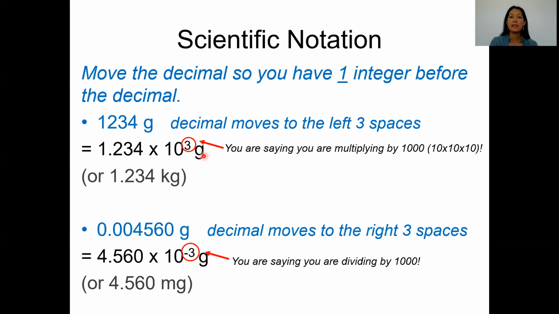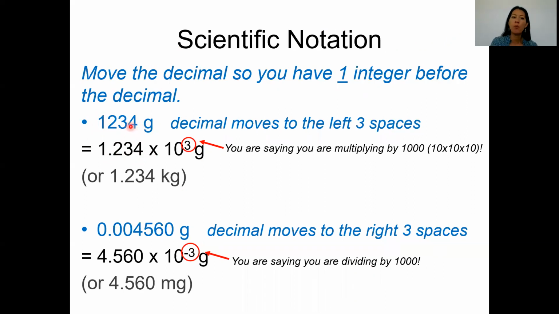To write in scientific notation, which you'll have to do, you want to take a number and move the decimal place so you have 1 integer before the decimal. Don't put 2. Don't write 12.34. You're going to write 1.234. And if you started out with this number, 1,234, your decimal was at the end, right after 4.